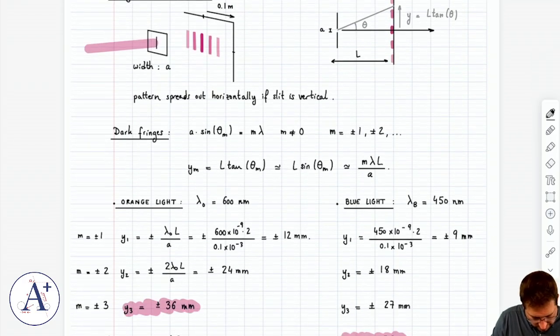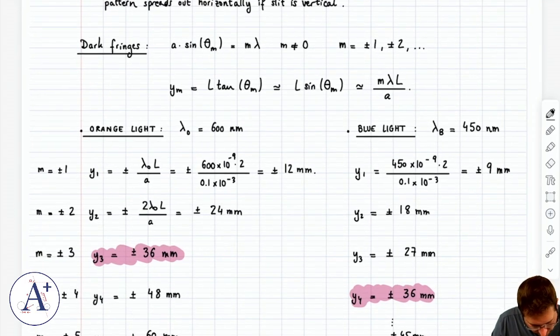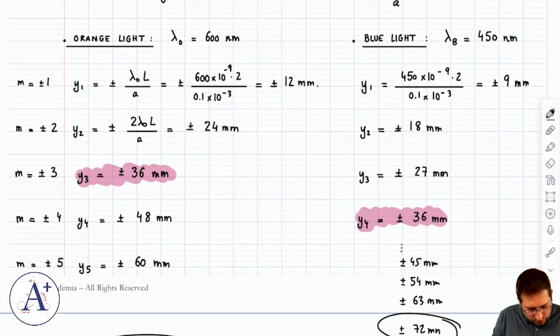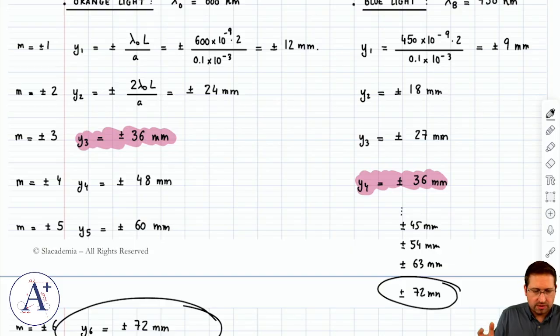Okay, this is pretty easy, because let's just think about this. First of all, it's clear that if you make the screen bigger, or you bring it closer, then you're probably going to get more of the pattern on the screen, so you're going to get more dark fringes. And then the slit size, well, maybe that's not clear, but just keep in mind that if you decrease the slit size, then y goes up.